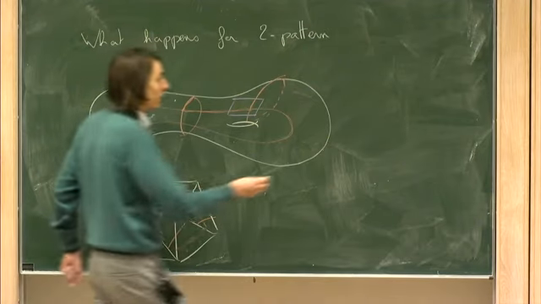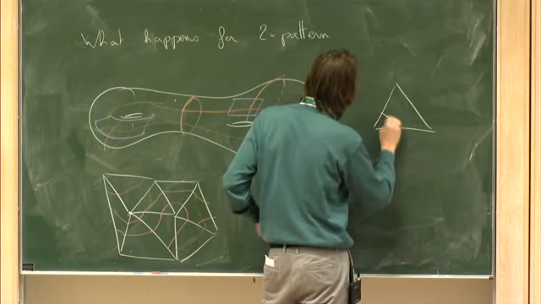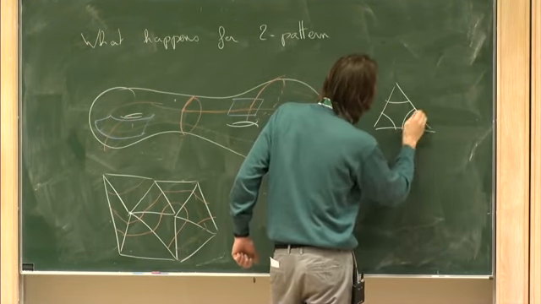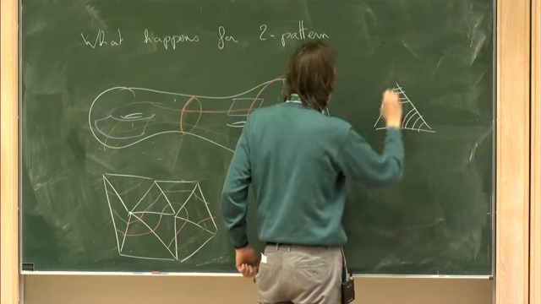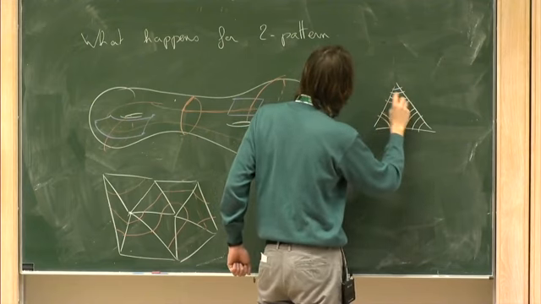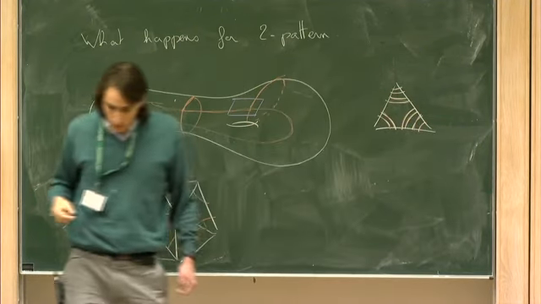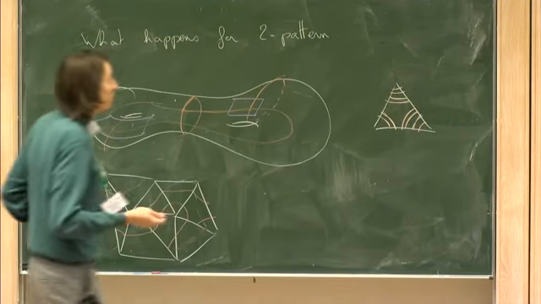So when you see a triangle, the way the curves can go is like this.